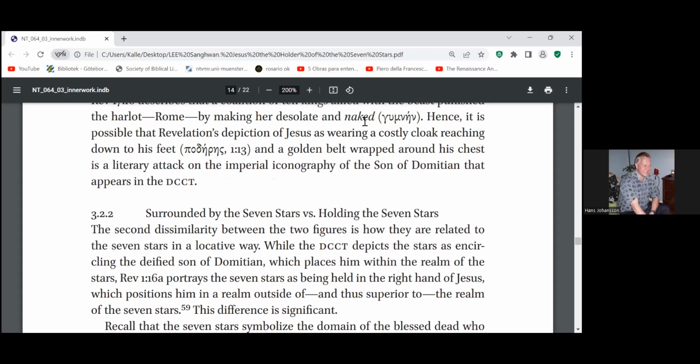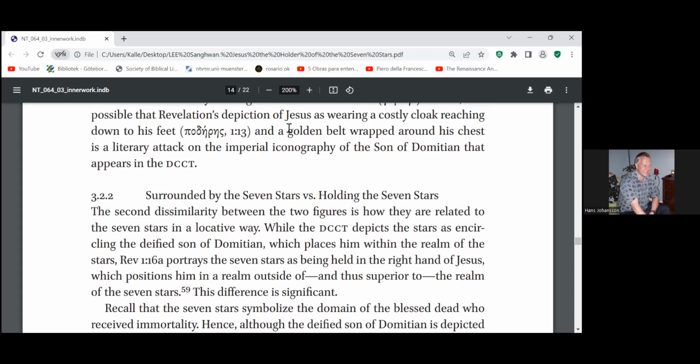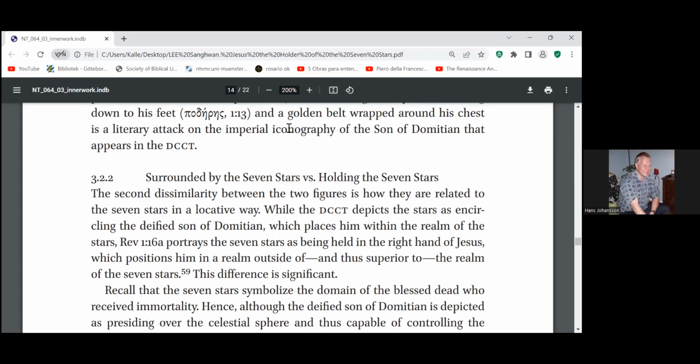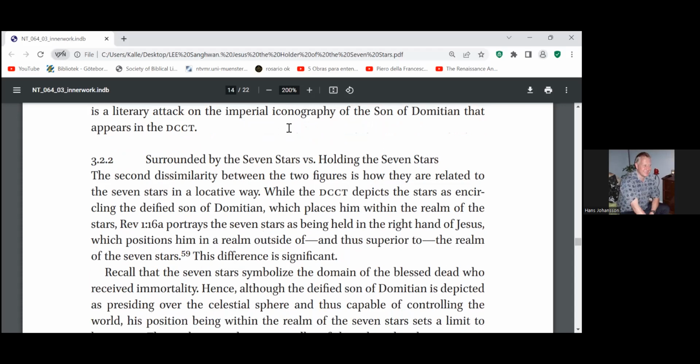Hence, it is possible that Revelation's depiction of Jesus as wearing a costly cloak reaching down to his feet and a golden belt wrapped around his chest is a literal attack on the imperial iconography of the son of Domitian that appears in the DCCT.